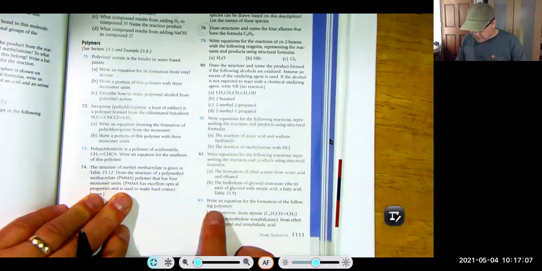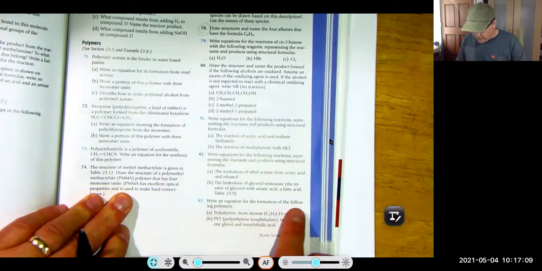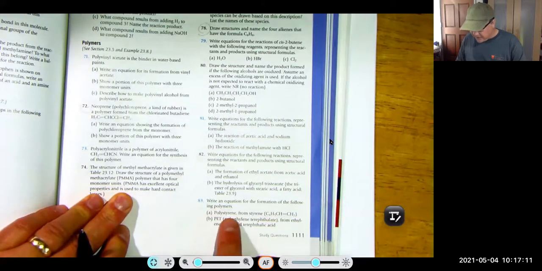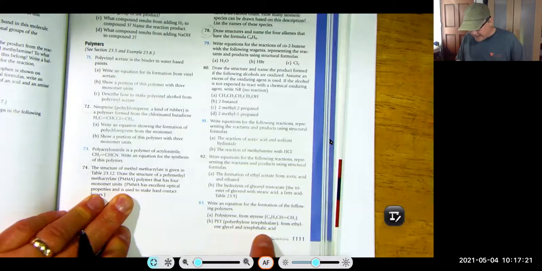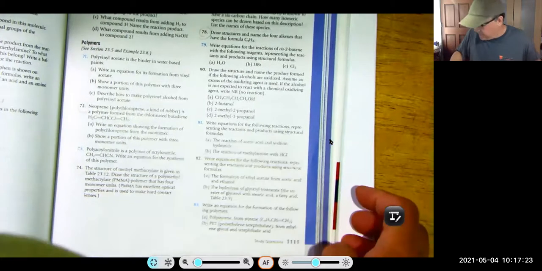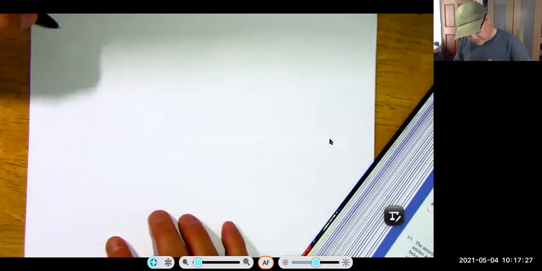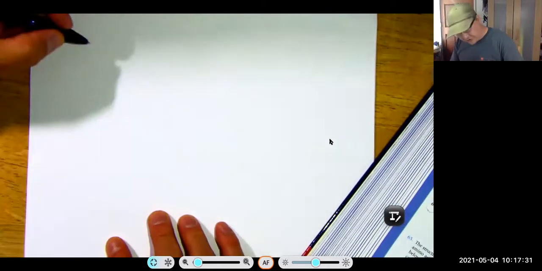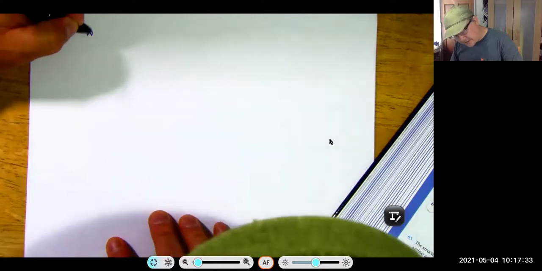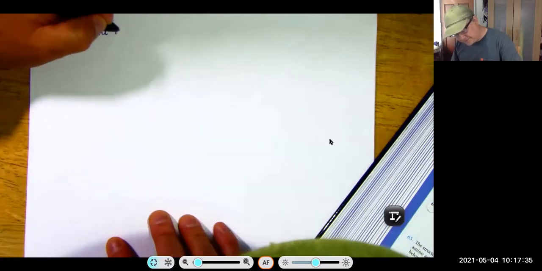Write an equation for the formation of the following polymers: polystyrene from styrene and polyethylene terephthalate from ethylene glycol and terephthalic acid. Okay. Write equations, basically write reactions.